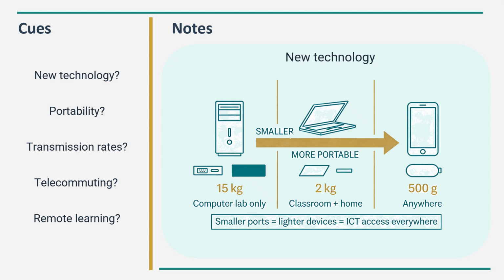All this leads to smaller and lighter devices that can be carried around more easily for convenience, and also makes telecommuting and remote learning a more achievable reality. That's why ICT access has exploded in education. Technology moved from heavy desktop-only equipment to pocket-sized tools you can use anywhere.